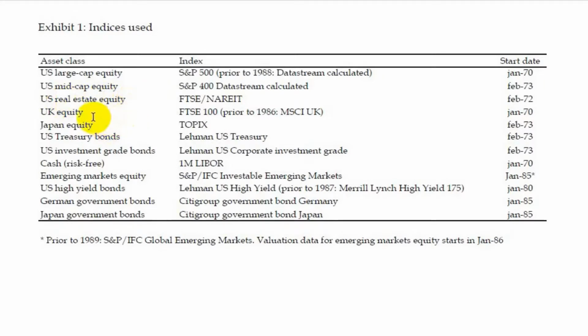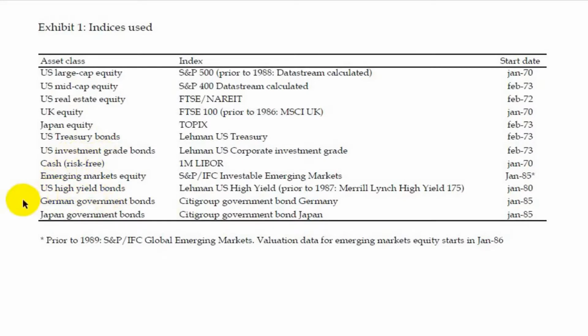And they also have 3 international equity asset classes, so UK, Japan, and the emerging markets. They have 3 U.S. bond asset classes. So they've got treasuries, investment grade bonds, and high yield bonds.